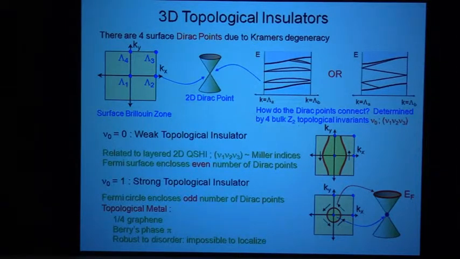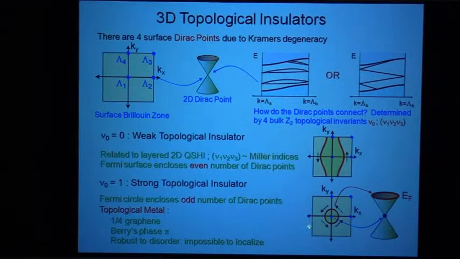And so the question is, what is the structure in the bulk that determines which picture you have on the surface? At this point, I haven't explained to you how we determine these bulk topological invariants.